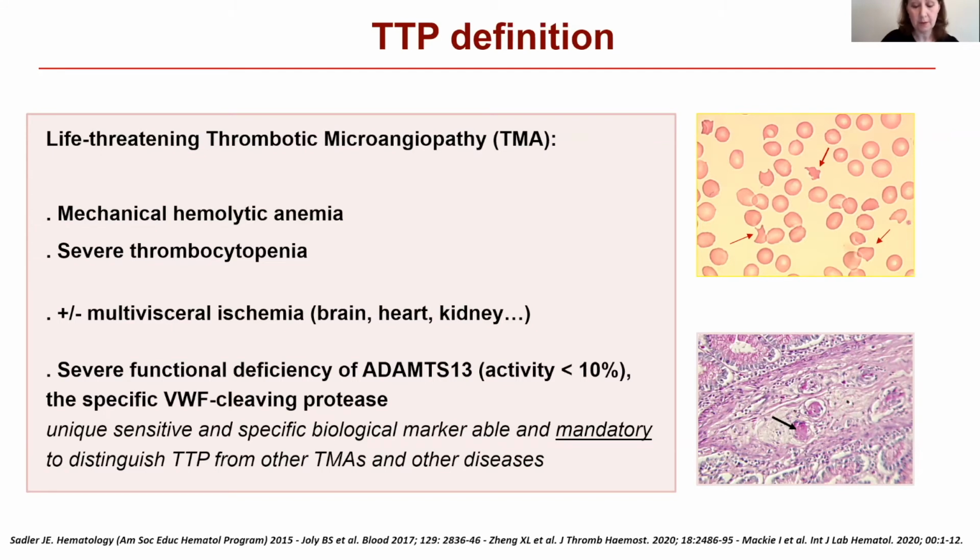For more than 5 years now, the severe deficiency of ADAMTS13 has been included within the TTP definition, and it is consequently mandatory to make a definitive diagnosis of TTP. Not only is it a unique, sensitive, and specific biological marker for TTP, but it is the only way to distinguish it from other TMAs.